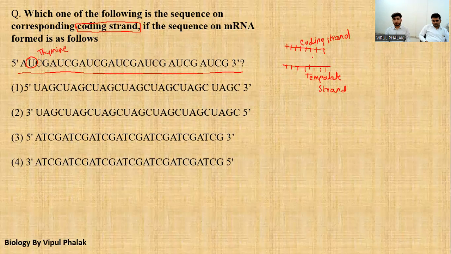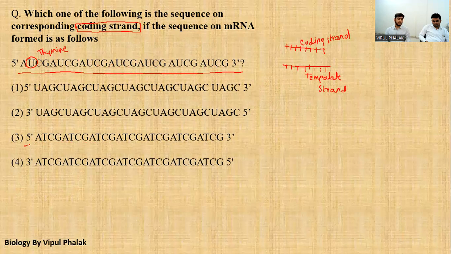The coding strand contains thymine as it is a DNA strand, and mRNA is RNA, which contains uracil instead of thymine. So you have to search this sequence. Just check that U is replaced with T. We can see that in option third, the sequence is correct.